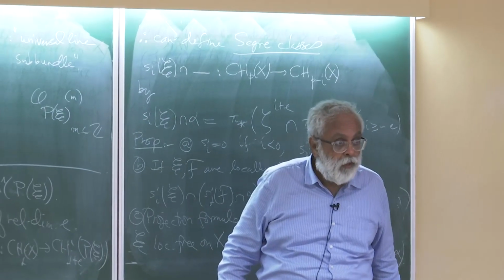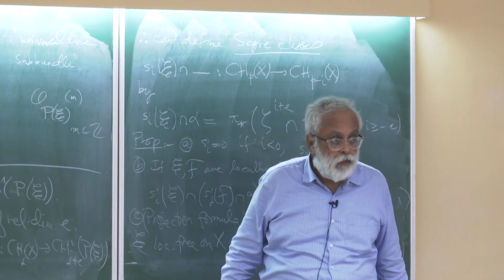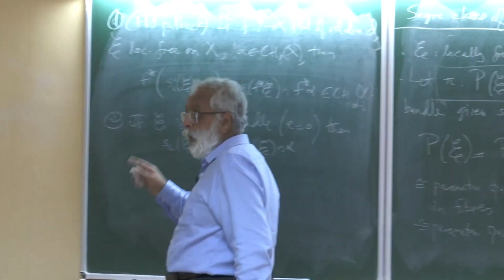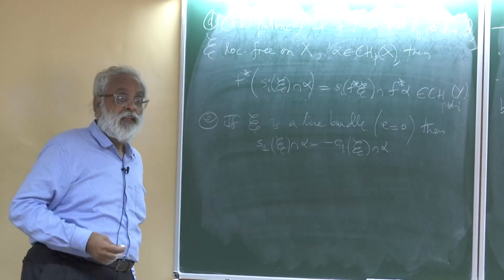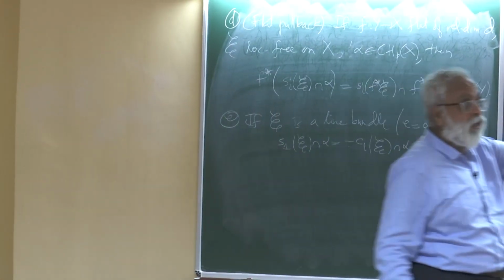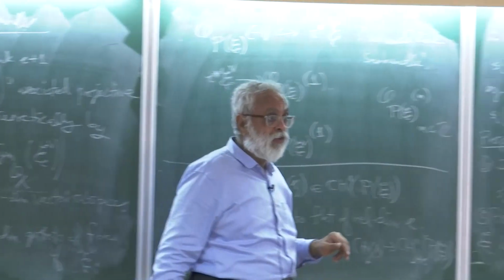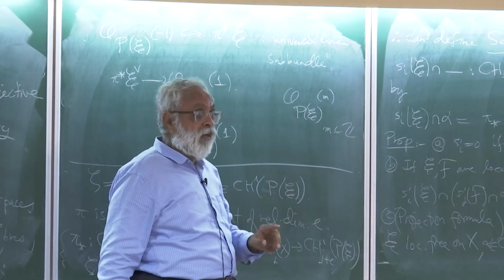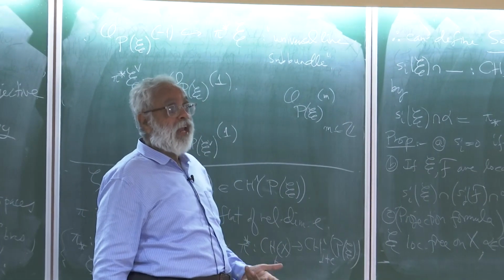No. Because it says take the projective bundle of E dual in the sense of Grothendieck. Take the O(1) of that thing. That is the line bundle whose c_1 is used to define the Segre classes. But no, hold on. I took E dual, but E is a line bundle.